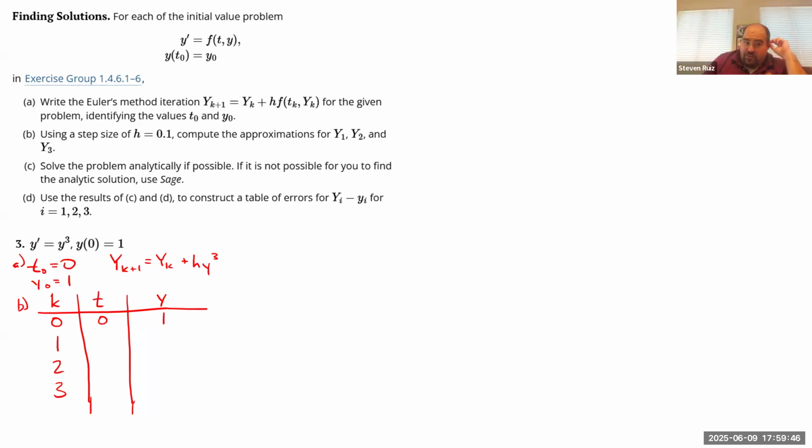So what happens when k equals 1? What do I do from there? Well, actually, before I get there, what am I doing with these values of t and y? So I know that dy dt is equal to y cubed.